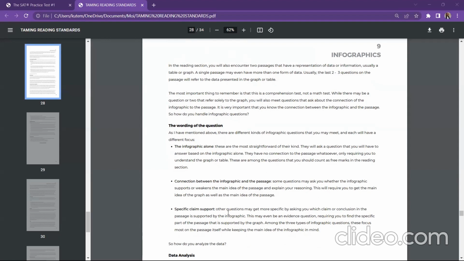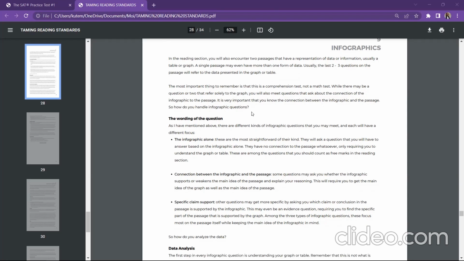Because that's not reading. So everything to do with reading that has infographics in it is going to connect it somehow to the passage. So look out for that. Don't just focus on the infographic. The main reason that it's even on the reading section is that you're supposed to connect it to the passage. So that's just something to keep in mind when you meet an infographic question.